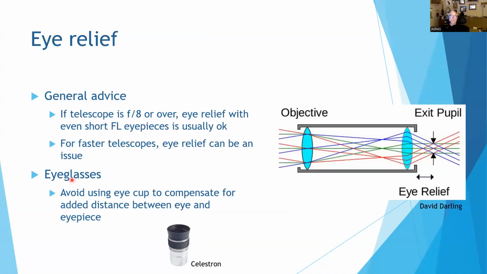It's a special issue for people wearing eyeglasses, because if you can imagine, anybody not wearing eyeglasses can put their eye right at that position. If you're wearing eyeglasses, you can put your eyeglass against this, but still your actual eye may be back here somewhere.